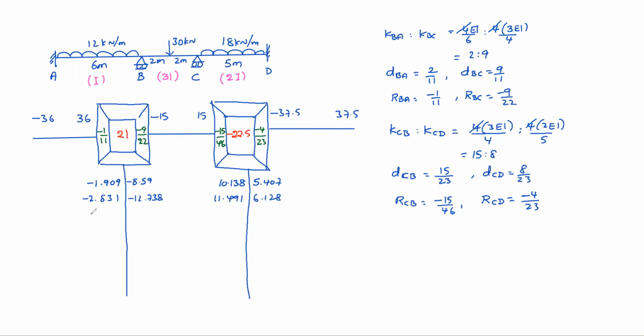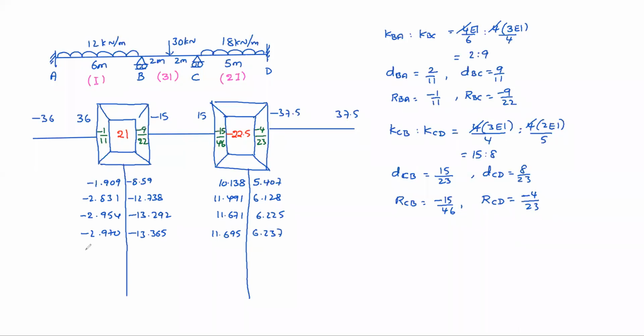6.128. Second cycle. Third cycle: minus 2.954, minus 13.292, 11.671, 6.225. Fourth cycle: minus 2.970, minus 13.365, 11.695, 6.237.